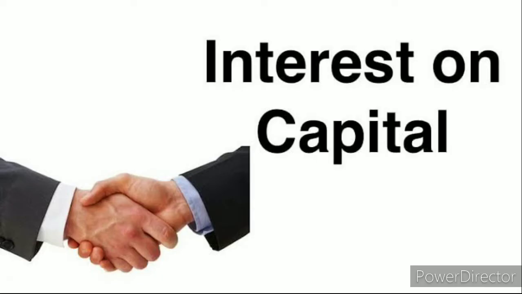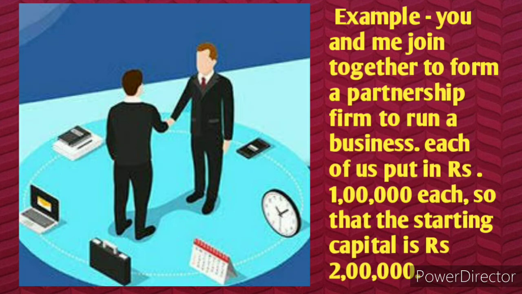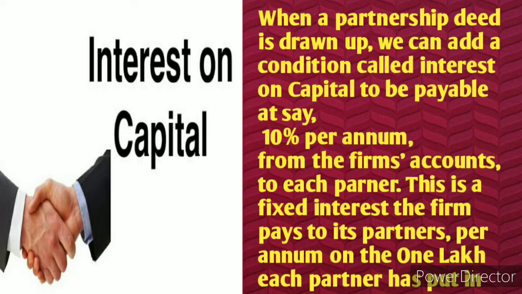So first, let's start with interest on capital. Let's understand it in the simplest form. Suppose you and I join together to form a partnership firm to run a business. Each of us puts in rupees 1 lakh, so that the starting capital is rupees 2 lakh. When a partnership deed is drawn up, we can add a condition called interest on capital to be payable at, say, 10% per annum from the firm's account to each partner.